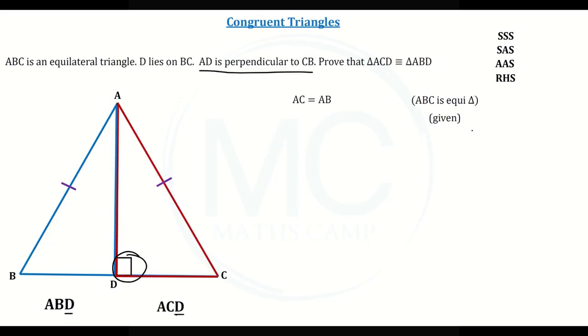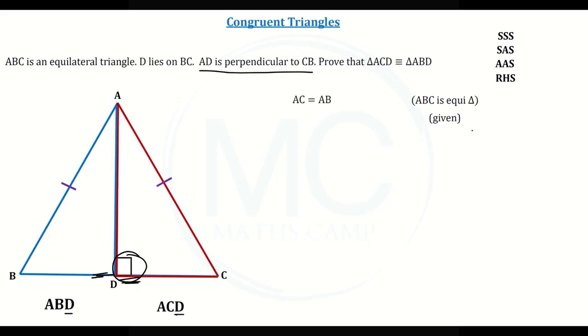So these are corresponding angles. AD is perpendicular to BC. These are 2 straight lines that create 90-degree angles, which means that if angle D on this side is 90 degrees, then angle D on this side is also 90 degrees.